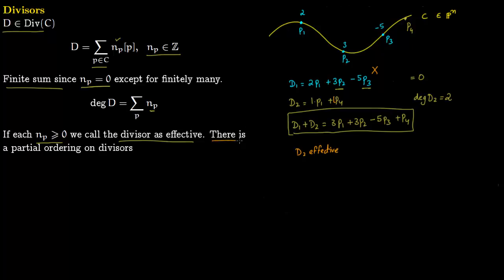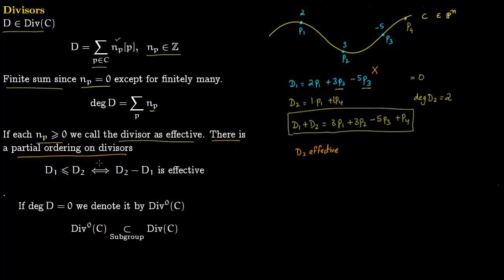So now you can have a partial ordering of divisors. One divisor D2 is greater than or equal to D1 if D2 minus D1 is effective. That is, you do coordinate-wise subtraction, and if you get all non-negative numbers in the end, you get an effective divisor.